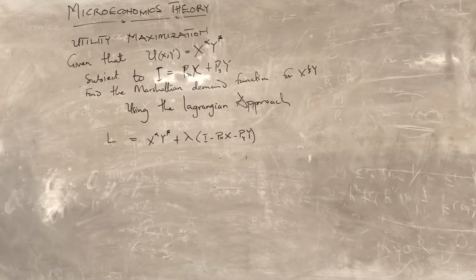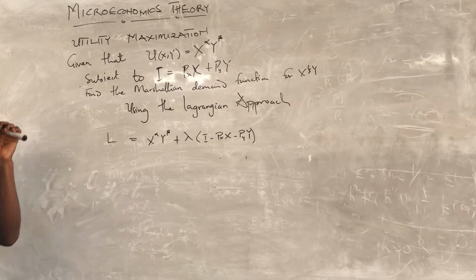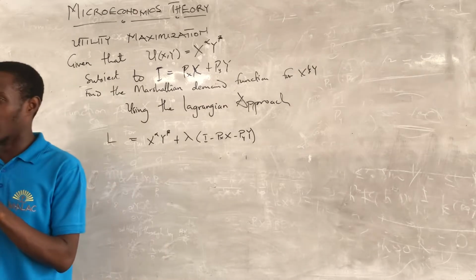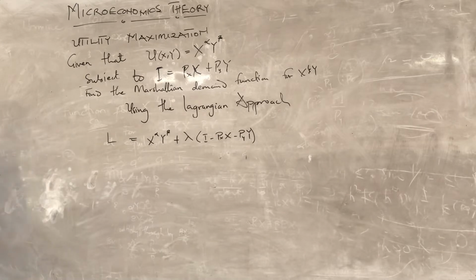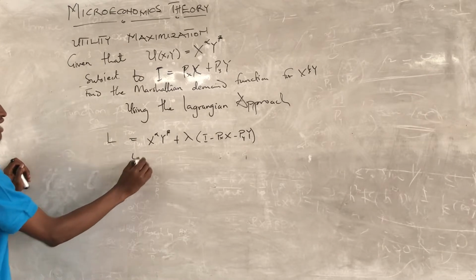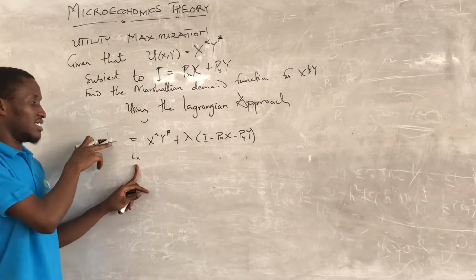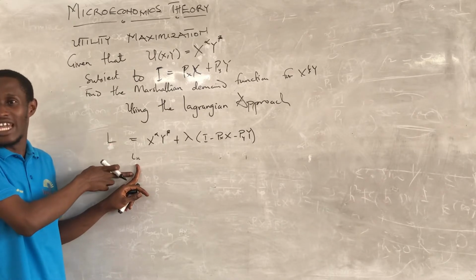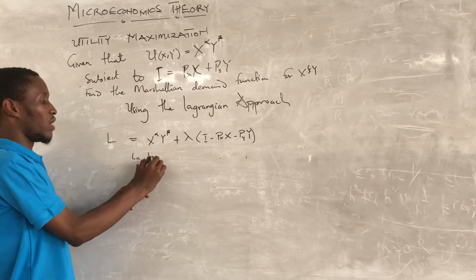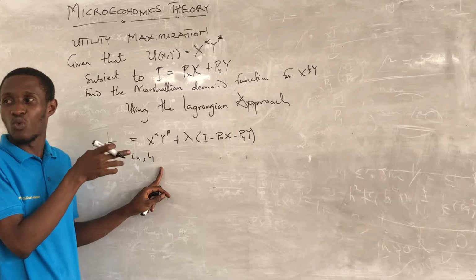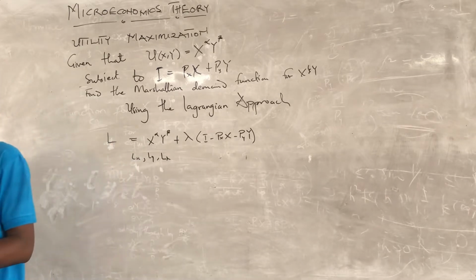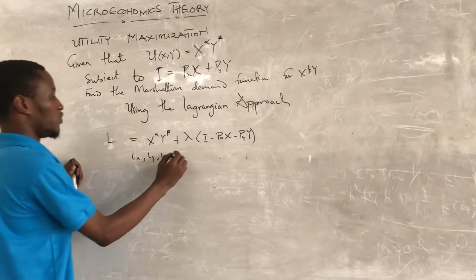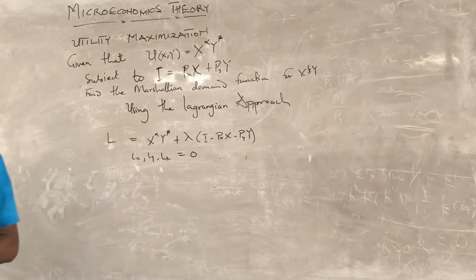So with the Lagrangian approach, when we want to find a Marshallian demand function, what we need is Lx, that is differentiating this function with respect to x, then Ly, differentiating the same function with respect to y, then L lambda, differentiating the same function with respect to lambda. But we assume that all of them should be equal to 0.